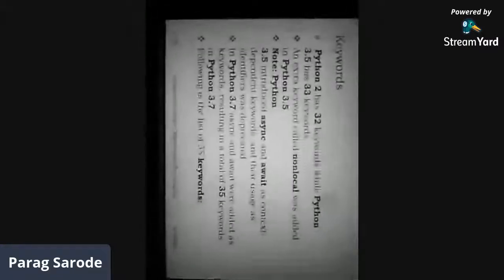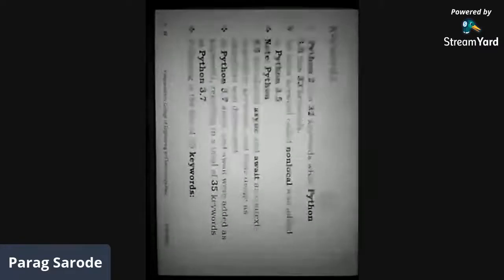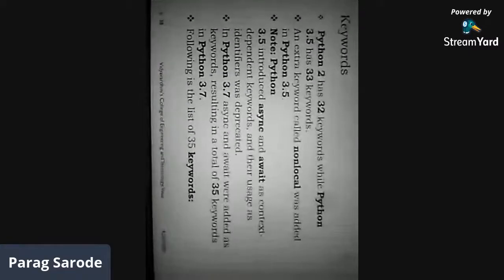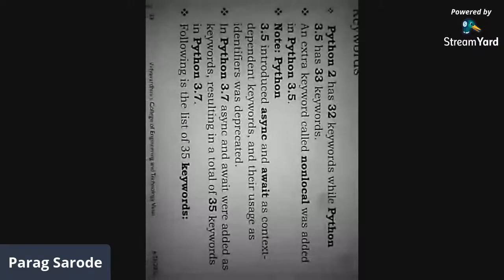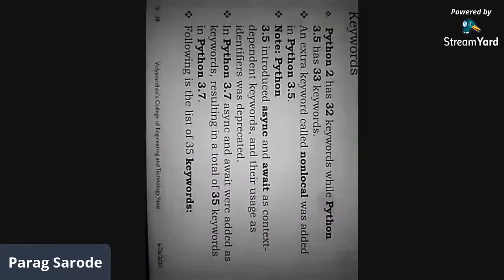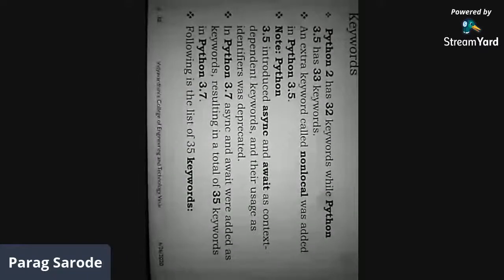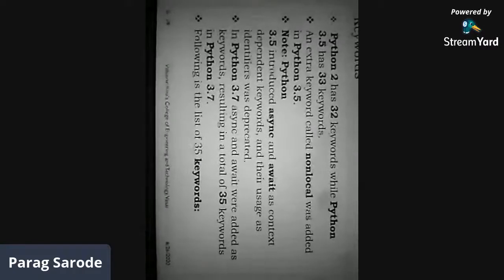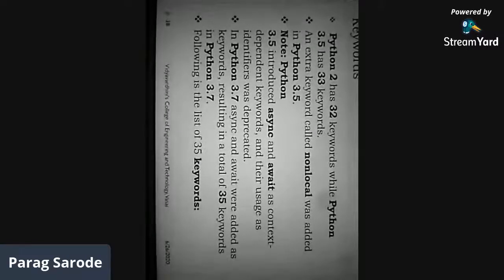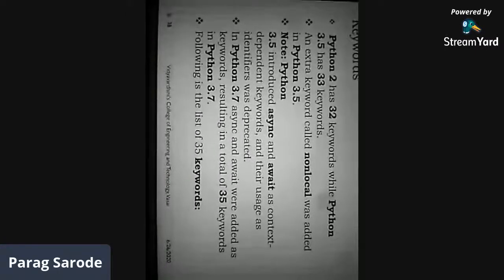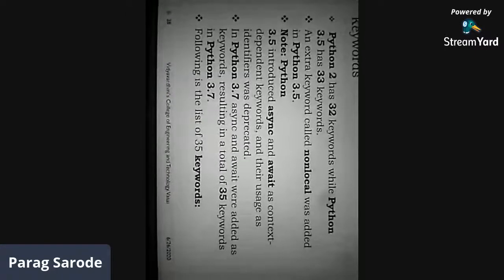Now, how many keywords does Python possess? Python 2 has 32 keywords, while Python 3.5 has 33 keywords. An extra keyword called nonlocal was added in Python 3.5, and also Python 3.5 introduced two other keywords, async and await, as context dependent keywords.